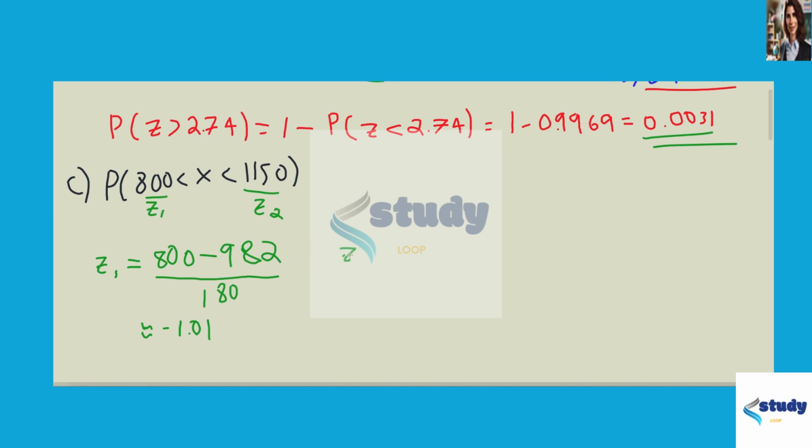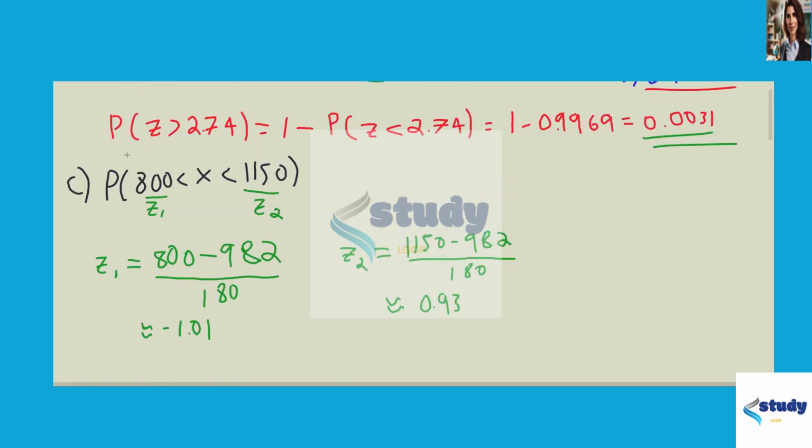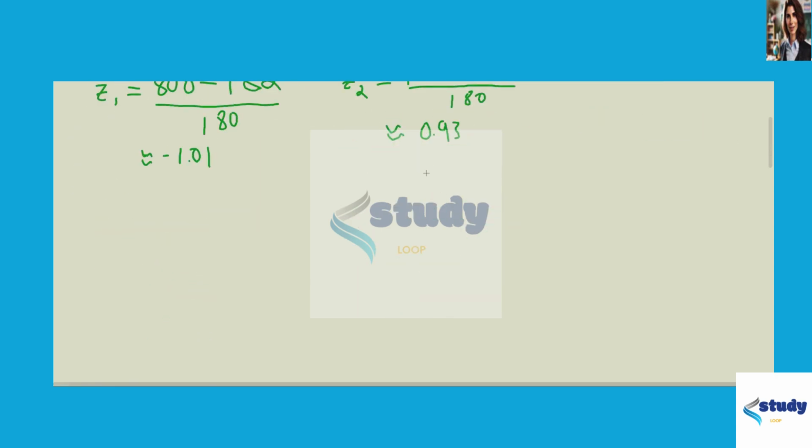Now we're going to do the same thing for our second limit or condition, which is z2. So 1,150 minus 982 over 180 is approximately equal to 0.93. Now we're just going to rewrite this expression in terms of z.